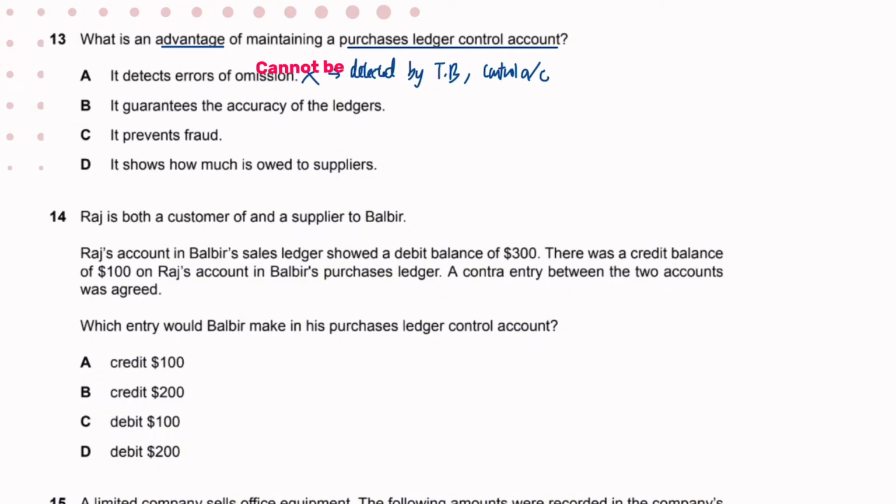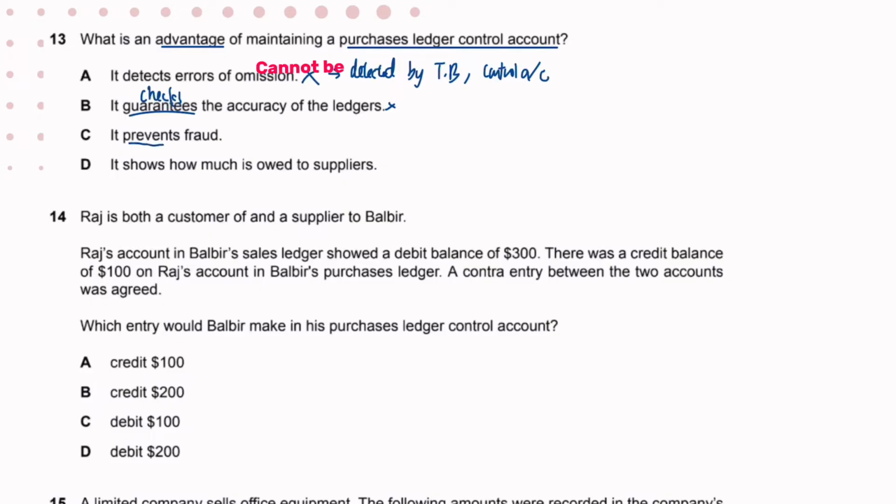It guarantees, is the word they use that makes it wrong. If it were changed to something like it provides an arithmetic check on the accuracy of a ledger, then it can be correct. But if guarantees, it's wrong. It does not guarantee. There can still be mistakes. It just provides a check. C, it prevents fraud.